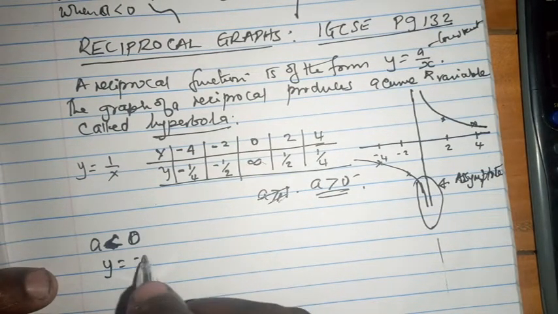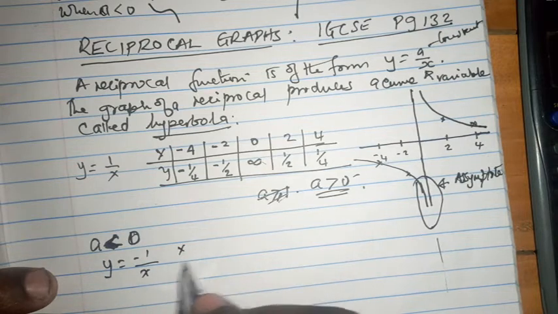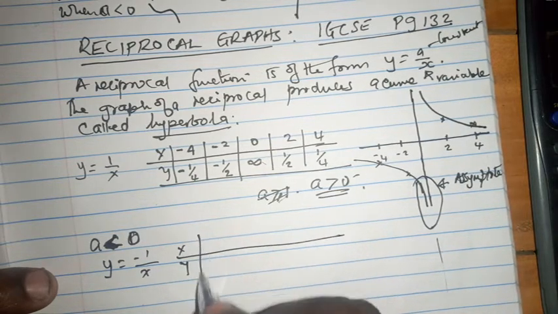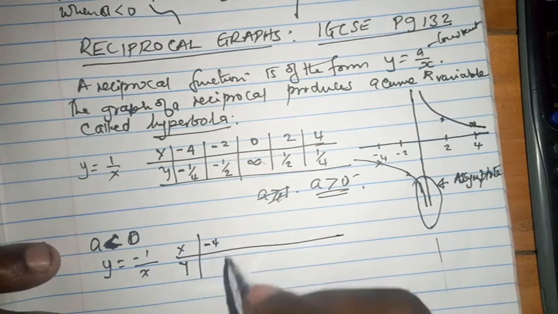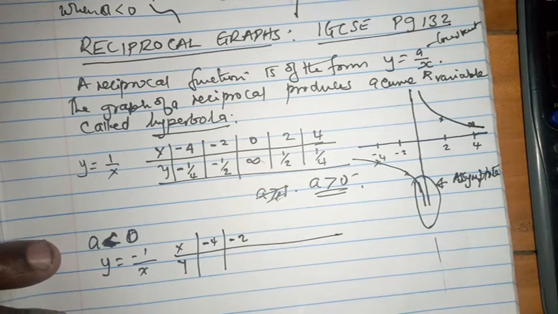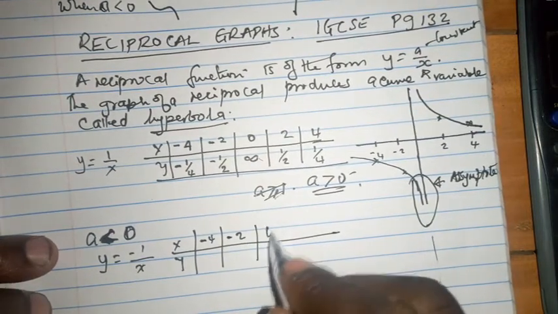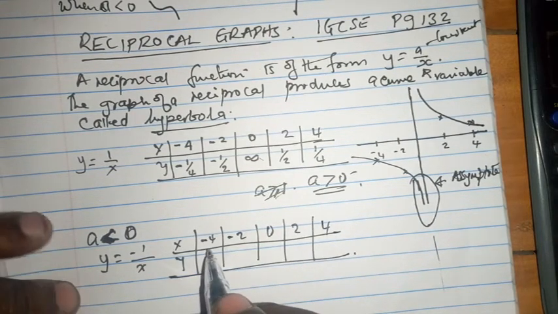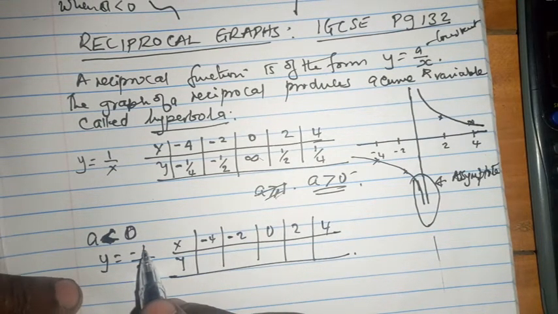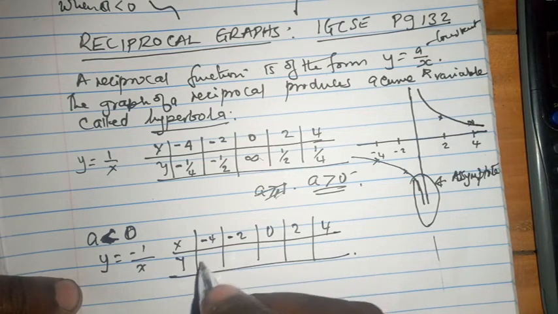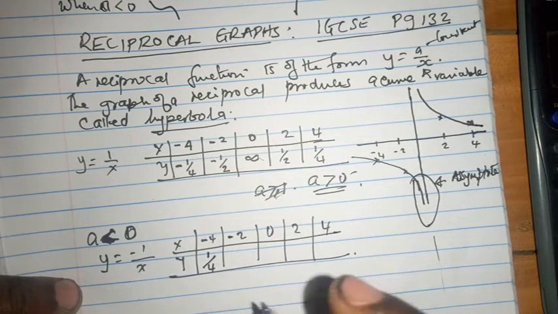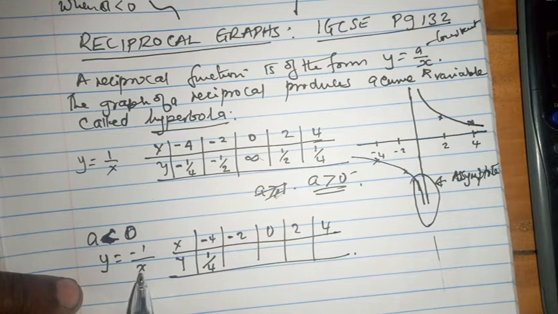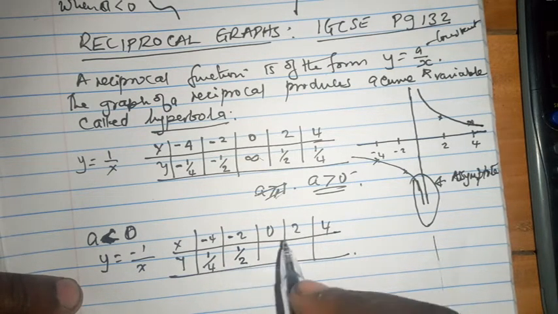Like y = minus 1 over x, where x and y will have different values. When x is minus 4, minus 2, 2, 4: when x is minus 4, minus 1 over minus 4 becomes a quarter, positive. Minus 1 over minus 2 becomes a half, positive.